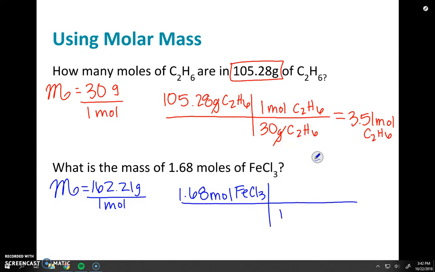And then I have that 1 mole of iron 3 chloride is equal to 162.21 grams of iron 3 chloride. So then I can just multiply together and I wind up with 272.51 grams of iron 3 chloride.